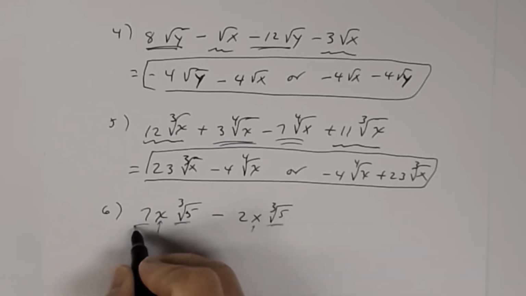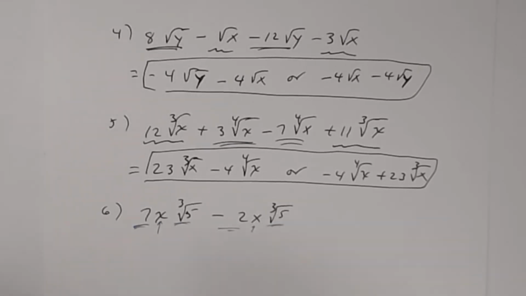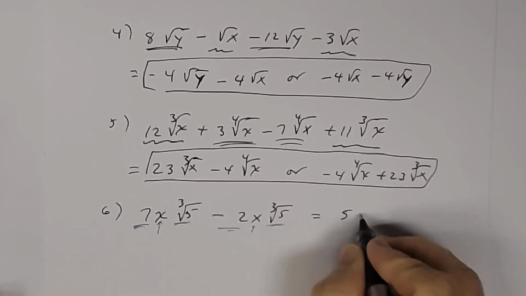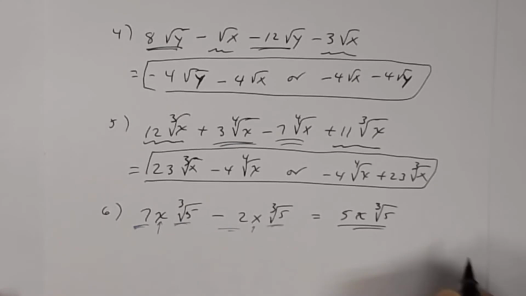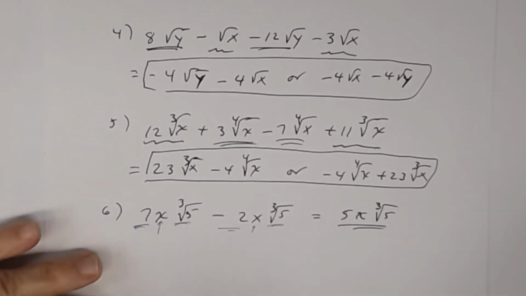All I got to do now is just combine 7 of these and a negative 2 of those. And so 7 and a negative 2 is a positive 5, x cube root of 5. And that'll be the answer there. Okay? All right, let's look at number 7. Number 7, let's suppose we had this.